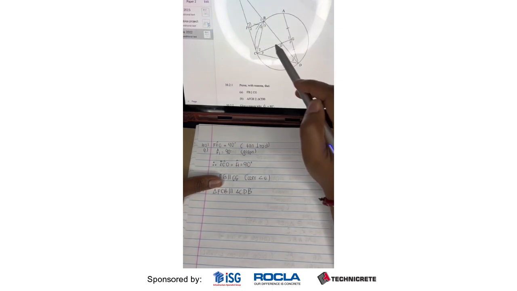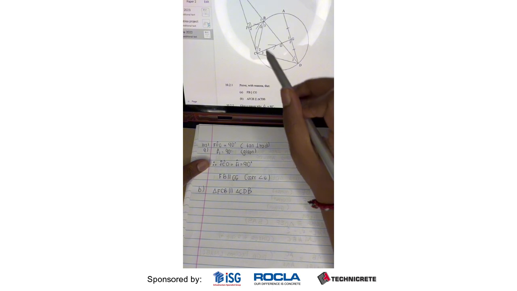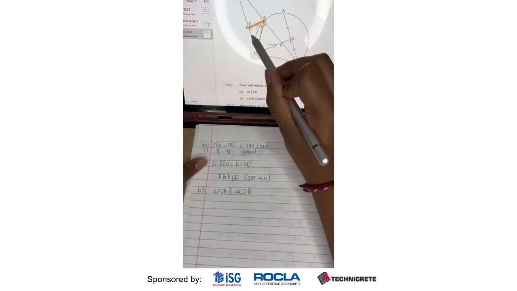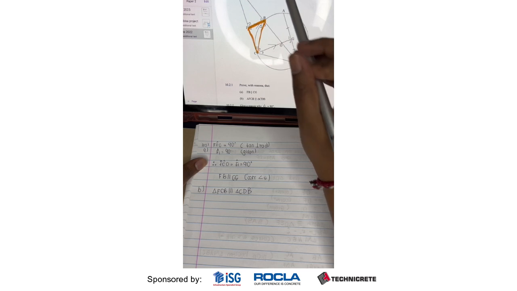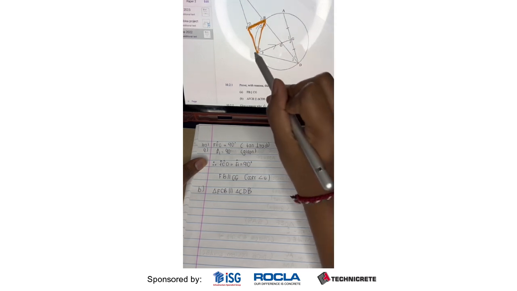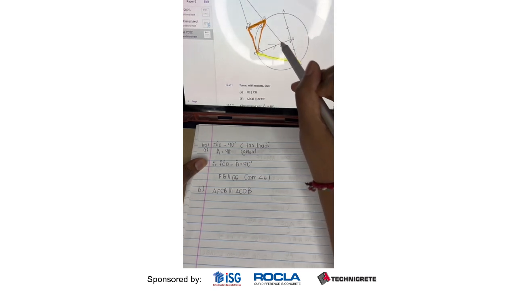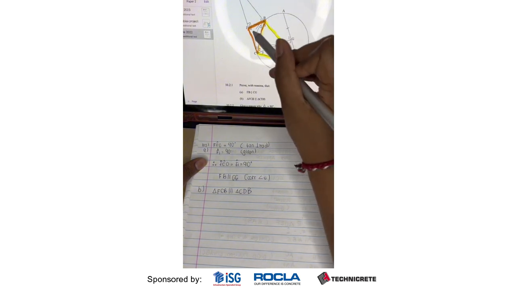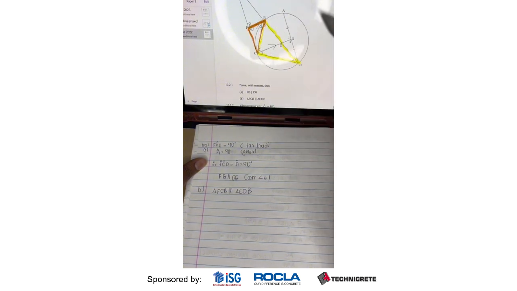This is parallel to this. We're looking at CB, and we are looking at CDB. So we know that this F2 is 90.